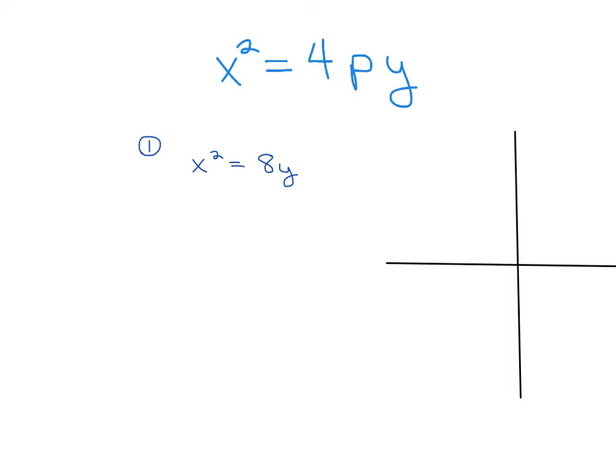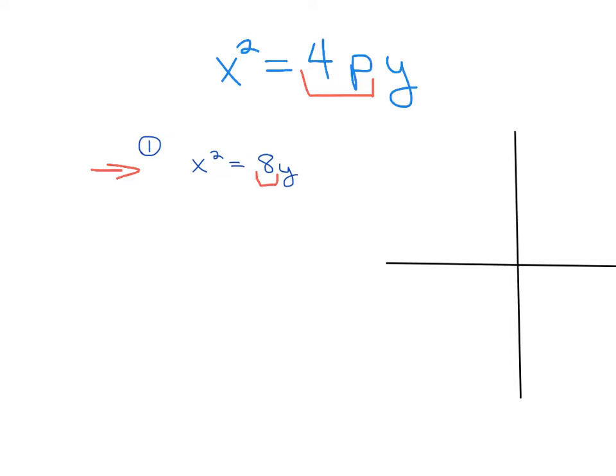Now, this 4p that's right here is really represented by a single number that's in front of the variable that's not squared. So you see how in this given equation, the variable that's squared is the x. The variable that is not squared is the y.